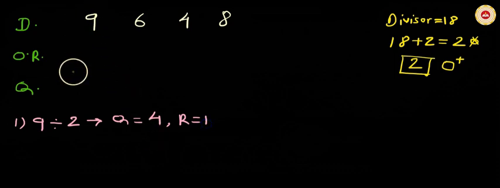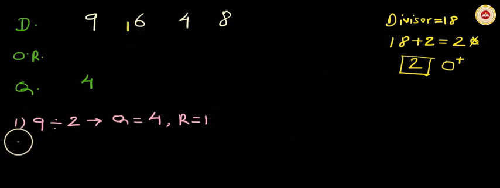So write the first quotient digit below the first digit 9 and write remainder 1 as a prefix to the next digit in the dividend, which is 6, and now read this as 16.